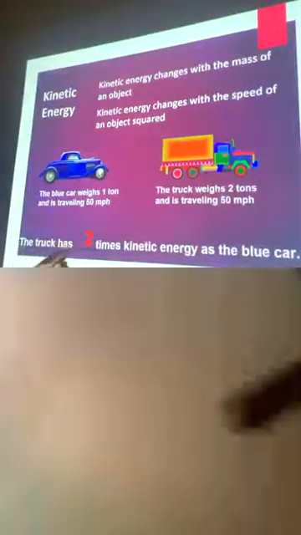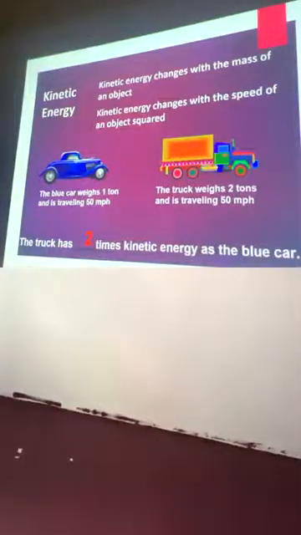It says the truck has 2 times kinetic energy as the blue car. This is twice as much. It has more kinetic energy. Why? Because it weighs more. However, they are traveling at the same speed. So that answer was 2.